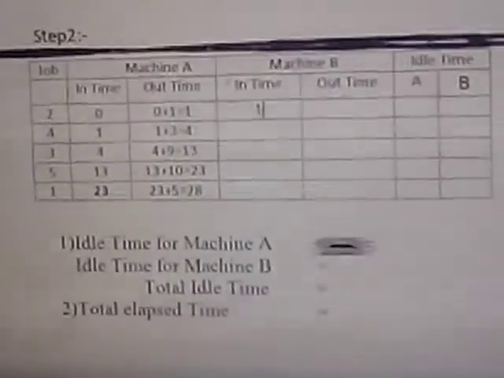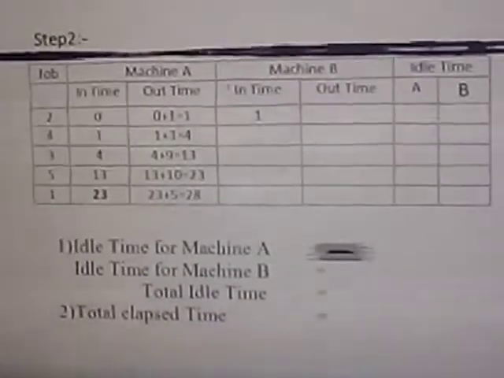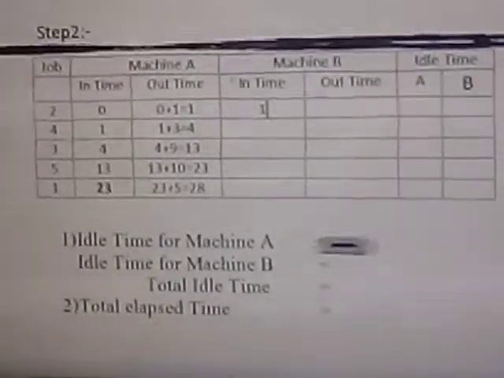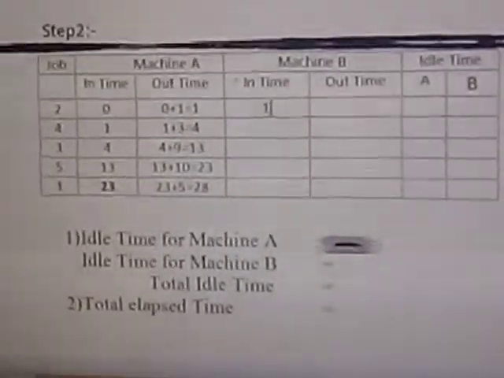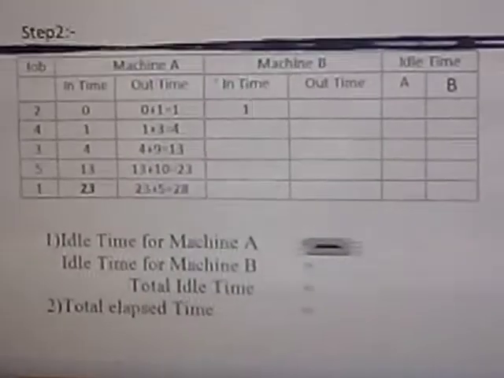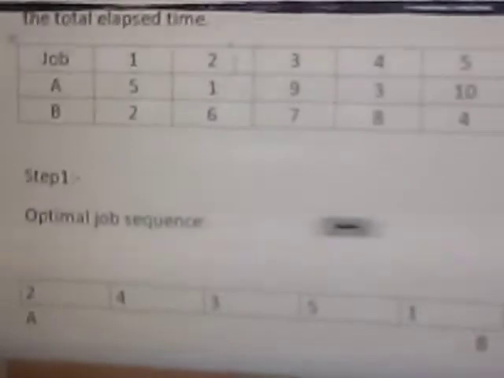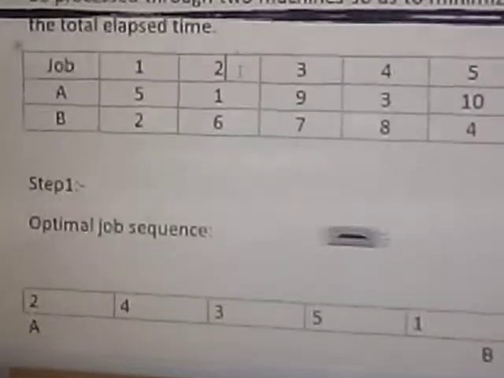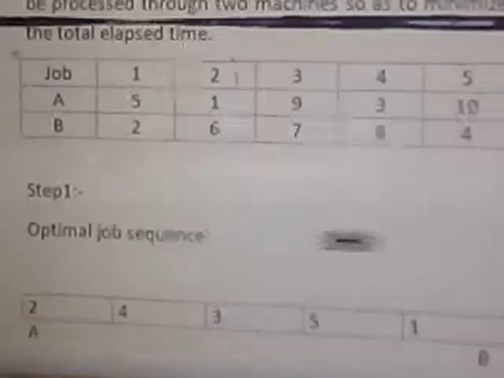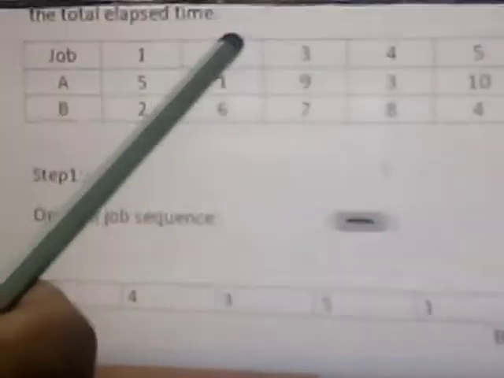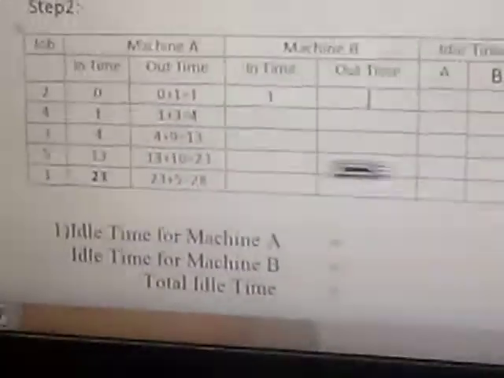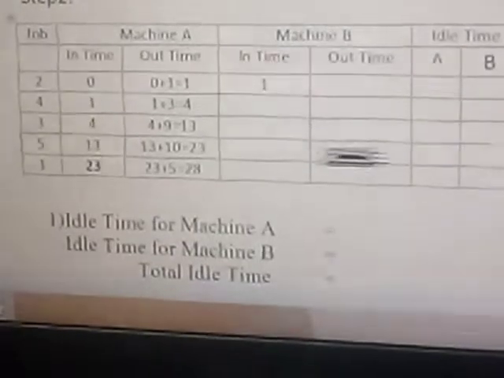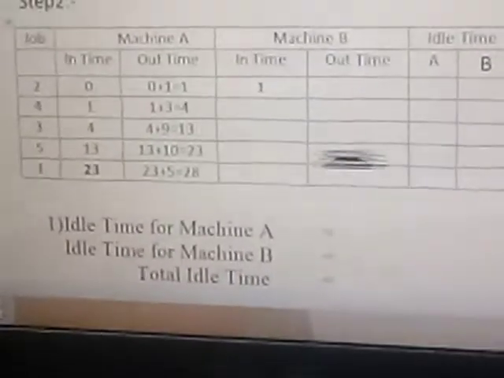Now the same procedure is done for machine B. Job 2 on machine B takes 6 hours, so the out time is 1 plus 6 is equal to 7.